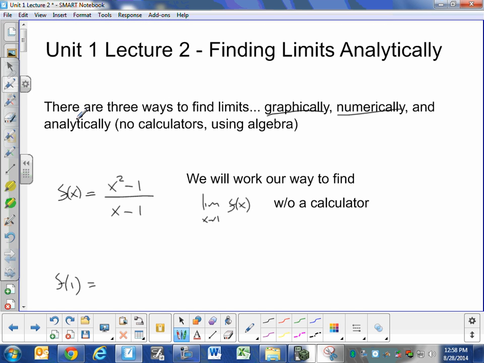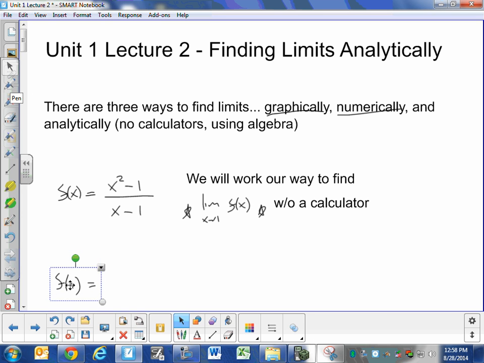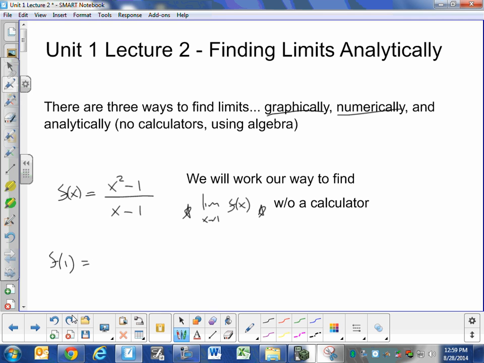Okay. So if I give you an equation like this, f of x is equal to x squared minus 1 over x minus 1, and I ask you to find the limit as x approaches 1 of this function, the first thing you should do is say, hey, does the function value exist at 1? And you will try to figure out what that value is.